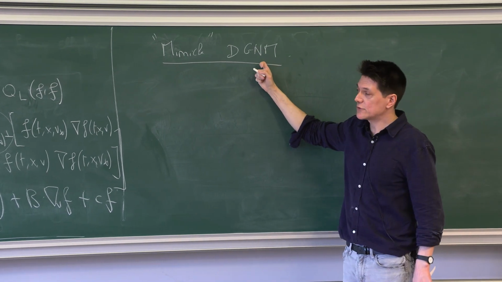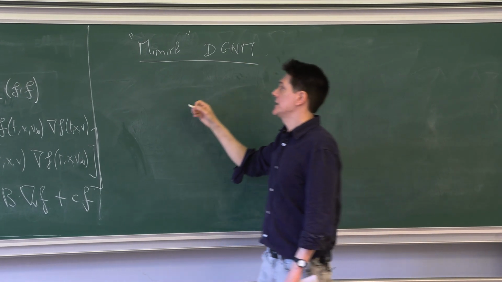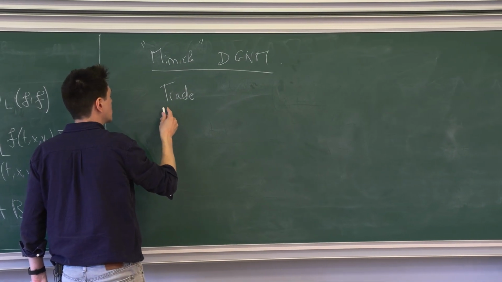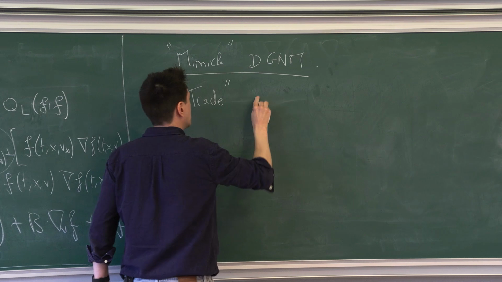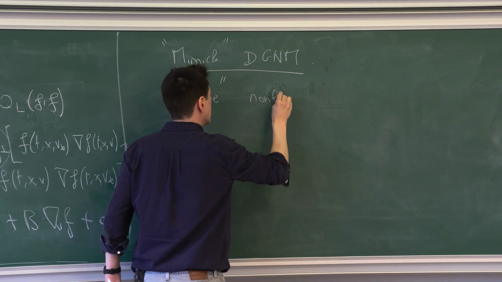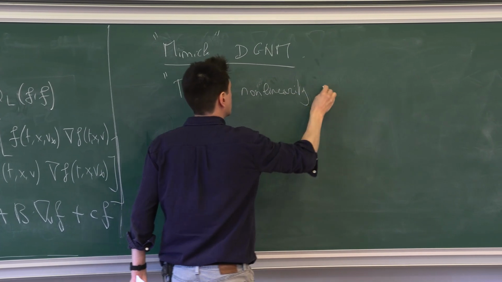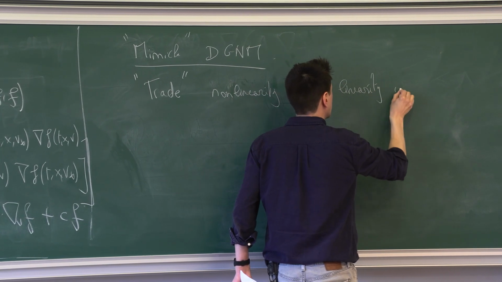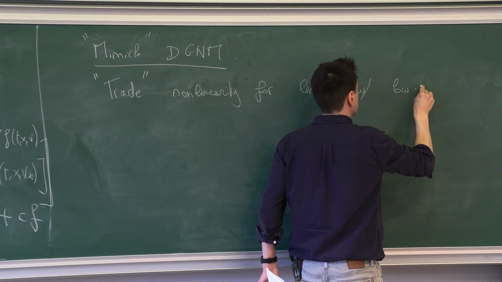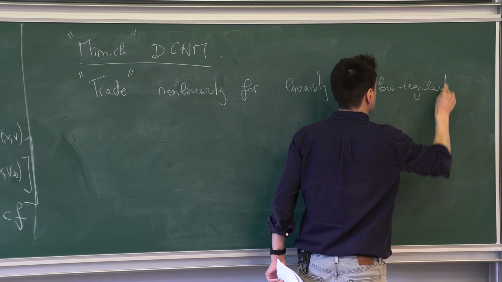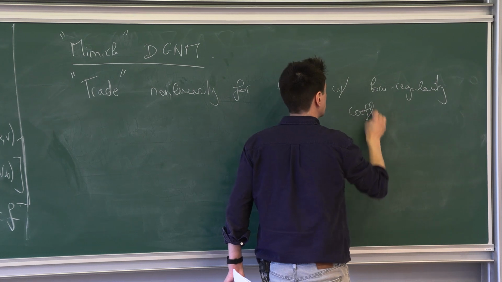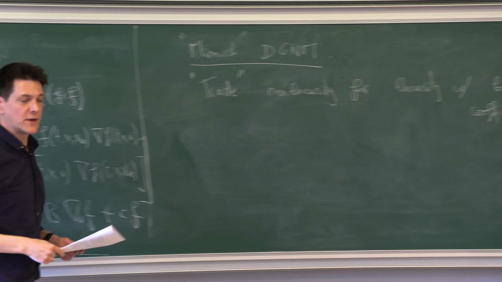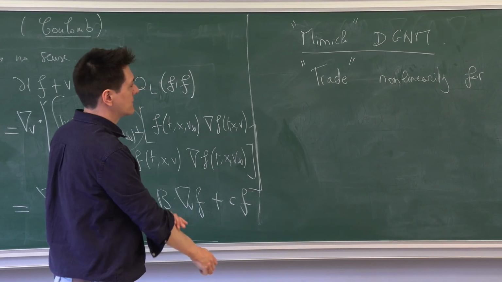Well, the key idea we want to use from De Giorgi-Nash-Moser is, well, many ideas, but the first idea we want to use is to trade nonlinearity for linearity with low regularity coefficients. That is really the starting point of their approach, and that has been extremely influential.